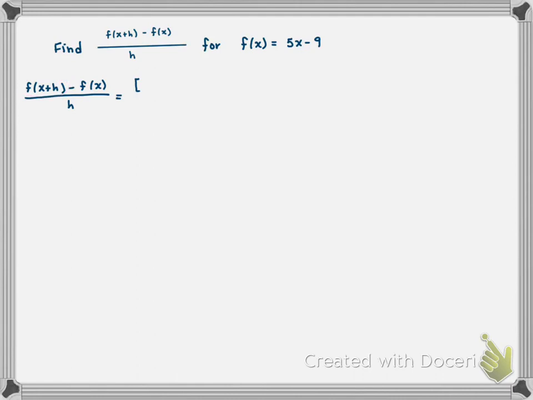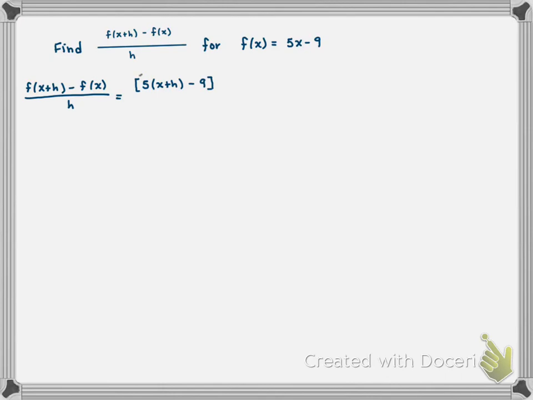So whatever is in the parentheses is your input. So my function says take 5, multiply it by the input, and subtract 9.